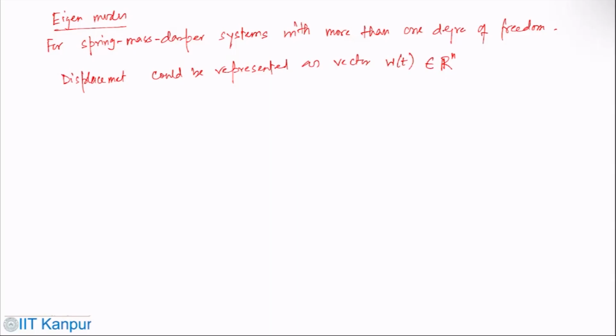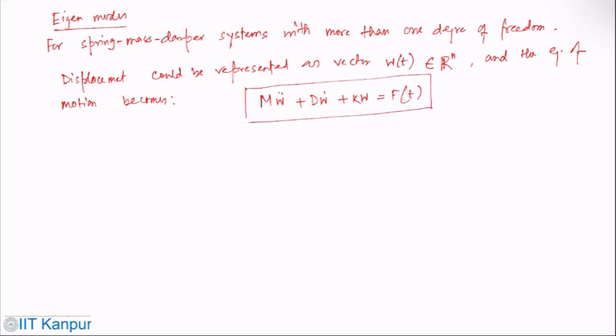And the equation of motion becomes M ẅ + D ẇ + K w = f(t). So in the previous analysis of the spring mass damper system, we had 1 degree of freedom.